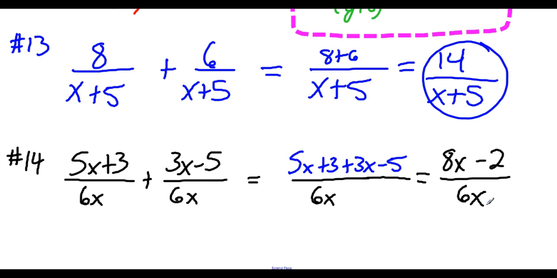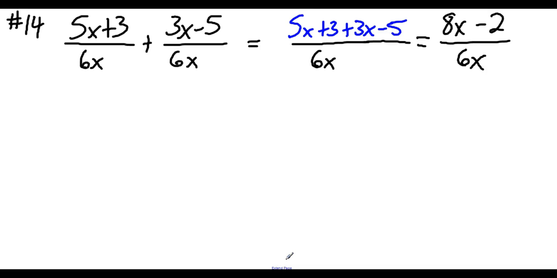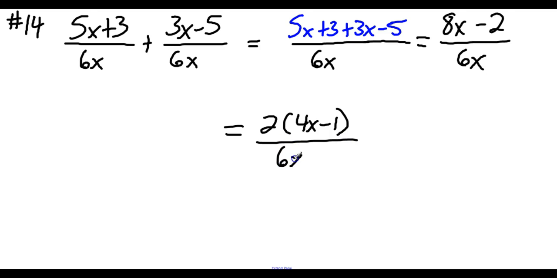Now, here's the one thing: once you've done all the addition and subtraction you can do, once you've got an answer at the end, you've got to look and see if you can simplify that one. 8, 2, and 6, they're all even. So on the top part, what you can do is go one more step. You can actually divide a 2 out of the top. So if you factor a 2 out of the top, you can leave this 2 times 4x minus 1 over 6x.